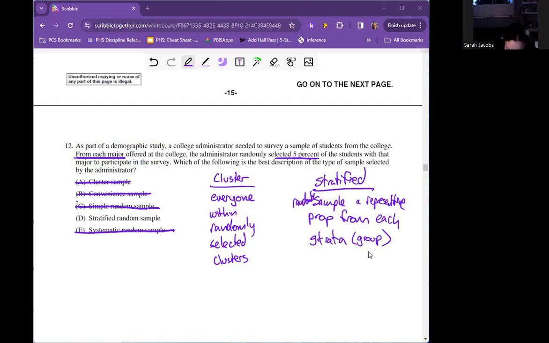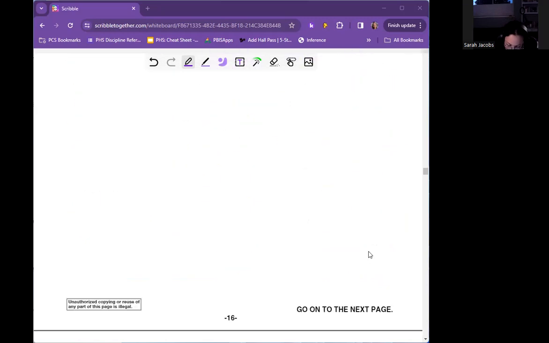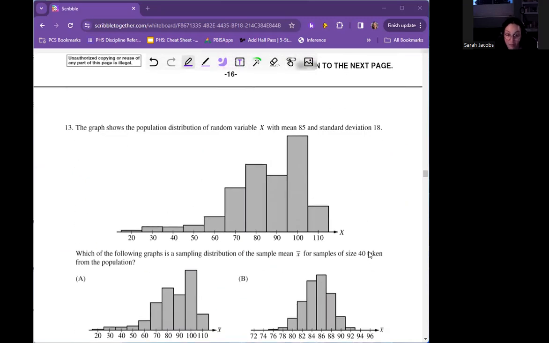So a cluster sample is everyone from some groups, and a stratified random sample is some from every group. So some people from every group are represented. Okay, good. And honestly, that's vocab. Learn your vocab.